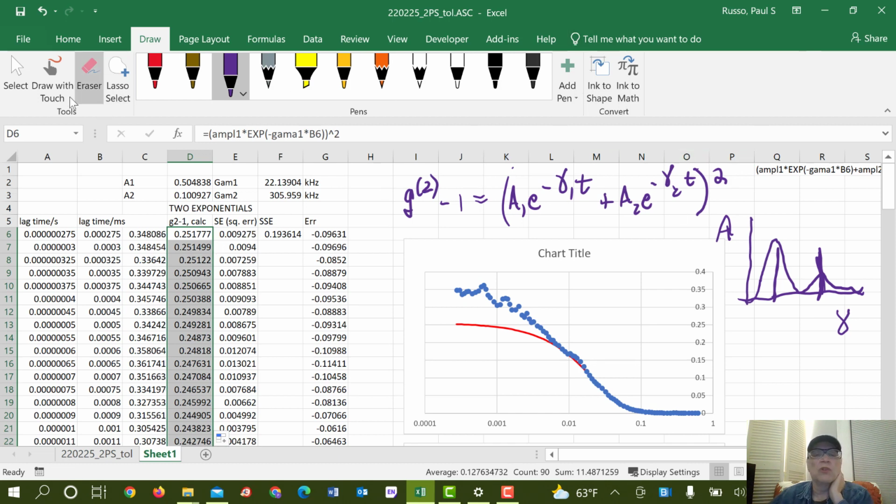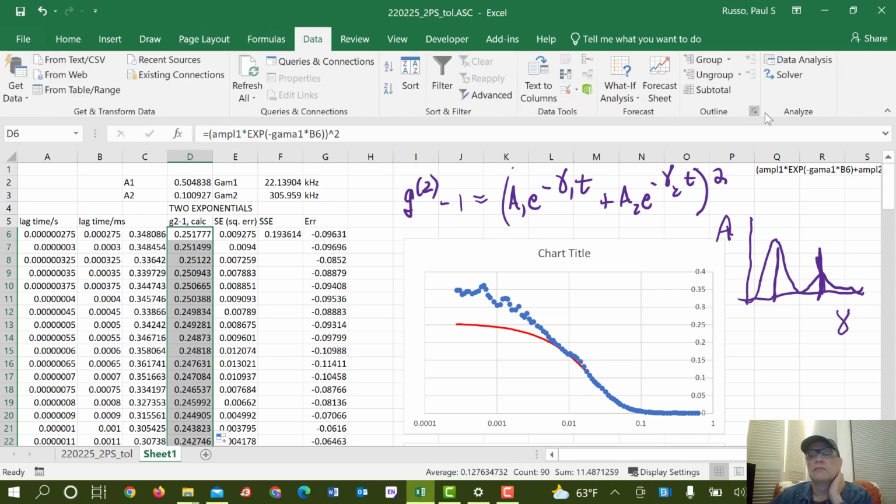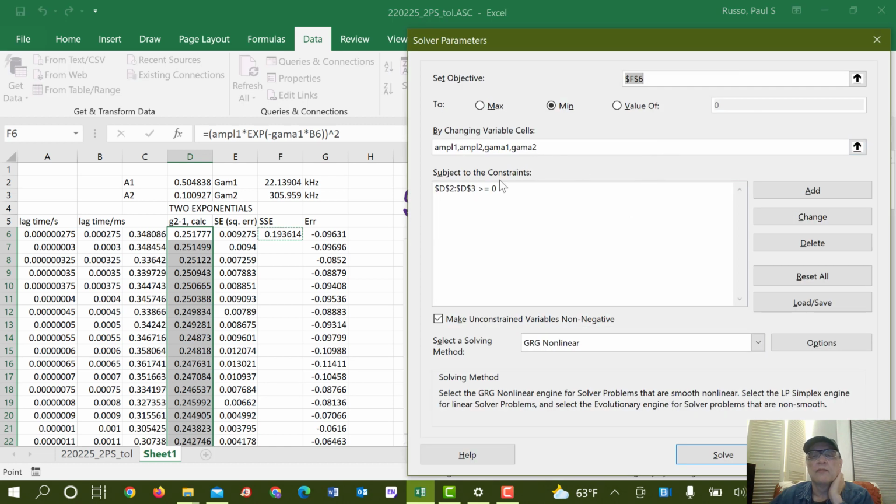And we'll go to our solver, just let it do A1 and gamma 1.